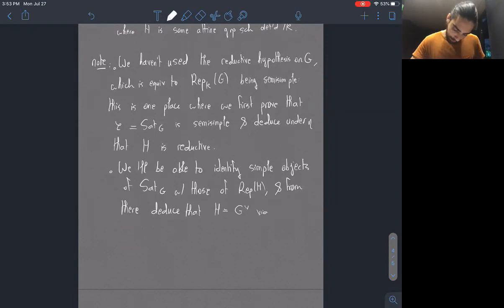So via the root datum classification of reductive groups.